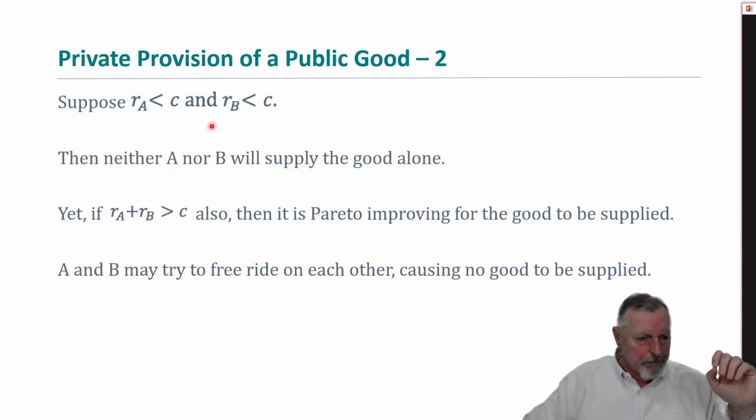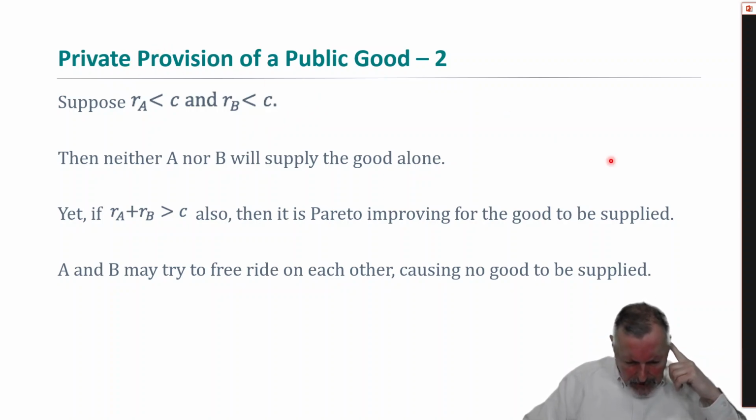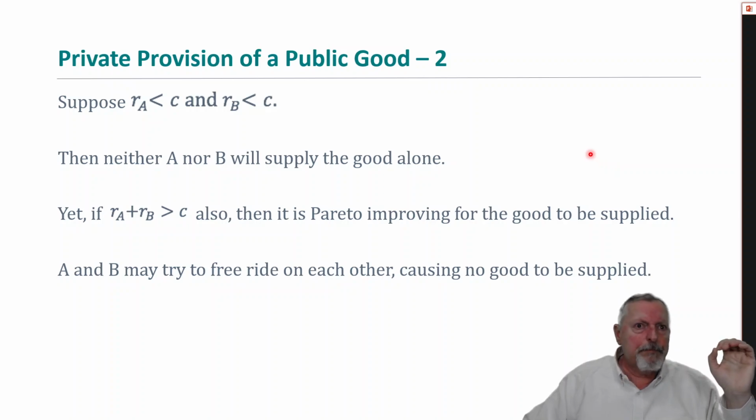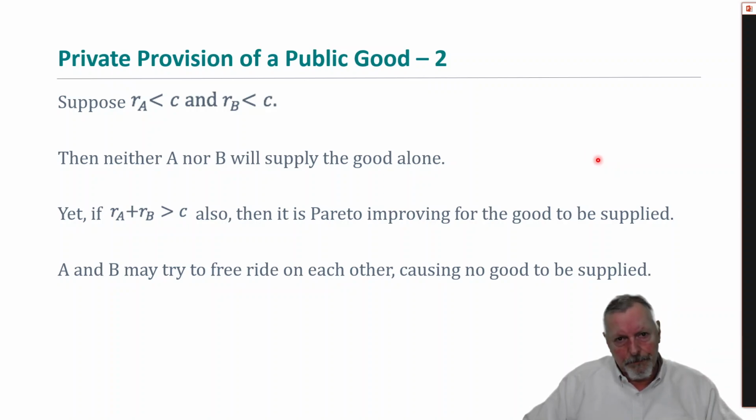Now, I should note, here, when we say private provision of a public good, I mean that each person has a binary choice: buy the whole thing or do not buy the whole thing. And there is no possibility of an agreement between the two. It's a private choice.